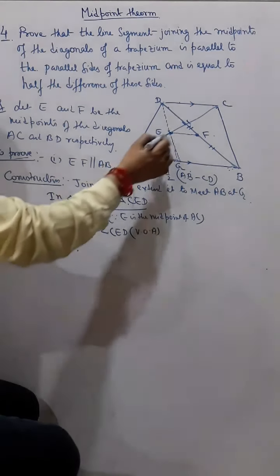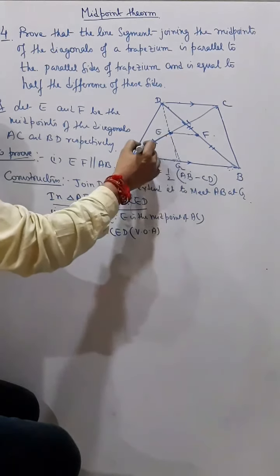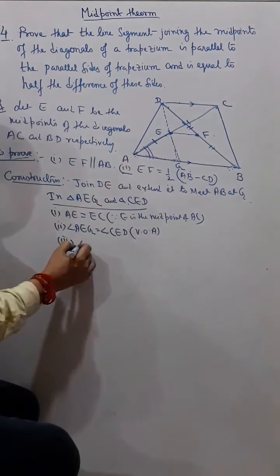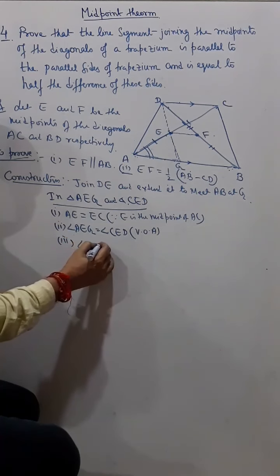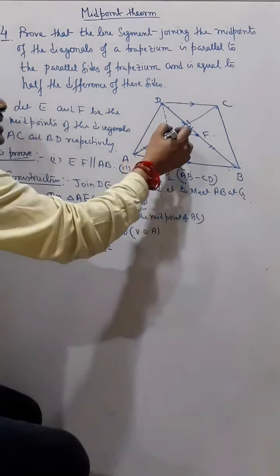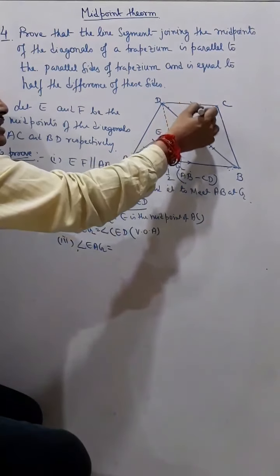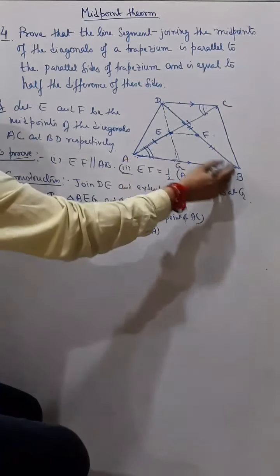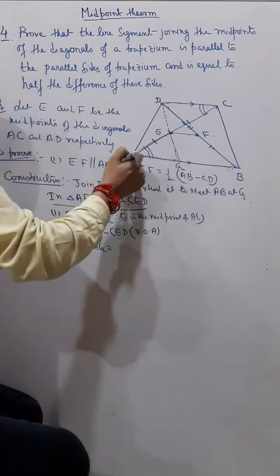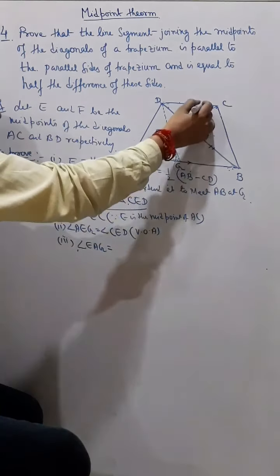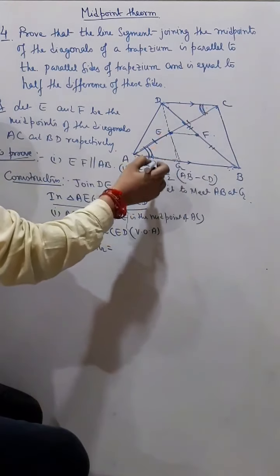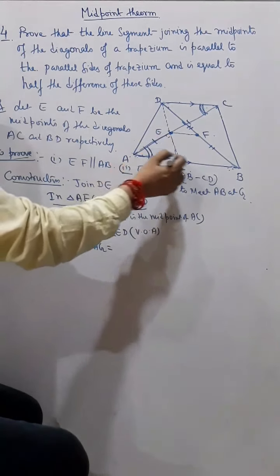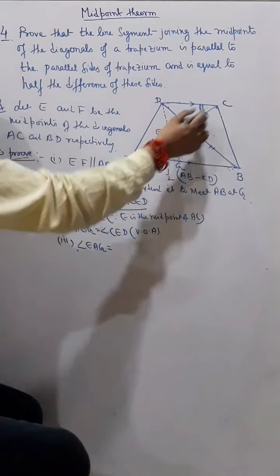And number 3, angle EAG, that means this angle, is equal to angle ECD, that means this angle. That's alternate angles, because these two lines are parallel and this is a transversal. So angle EAG is equal to angle ECD.